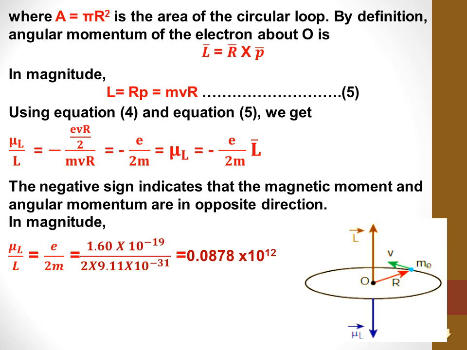The value of e, as you know from lesson 1, is 1.6 into 10 to the power minus 19, and 2 into the mass of the electron, 2 into 9.11 into 10 to the power minus 31. If you divide, you will get 0.0878 into 10 to the power 12, or mu L by L equals 8.78 into 10 to the power 10 C per kg, which is a constant.